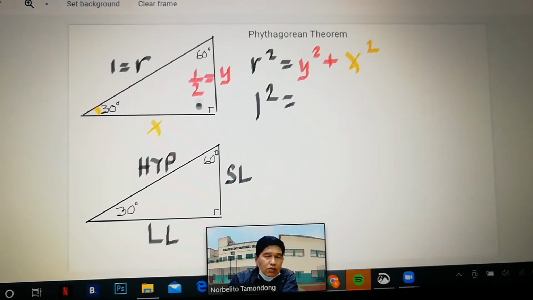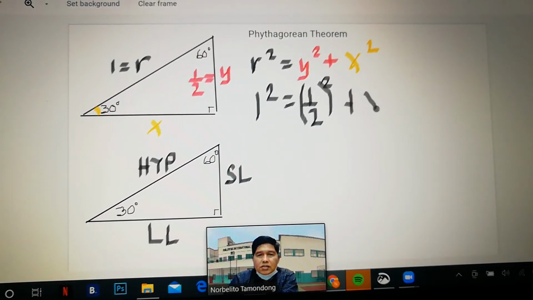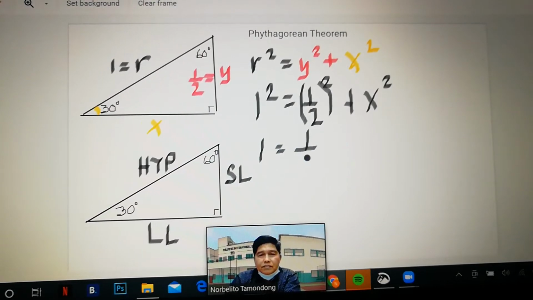And Y is equal to 1/2, squared, plus x squared. Now 1 squared is equal to 1. 1/2 squared is equal to 1/4, plus x squared.